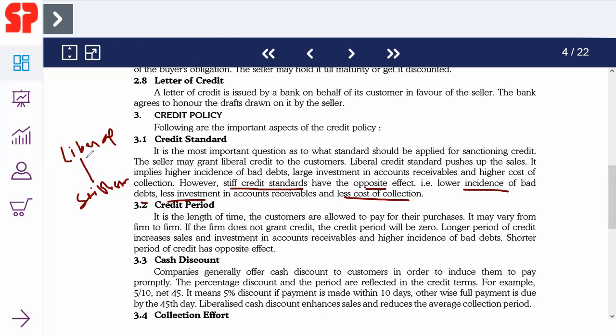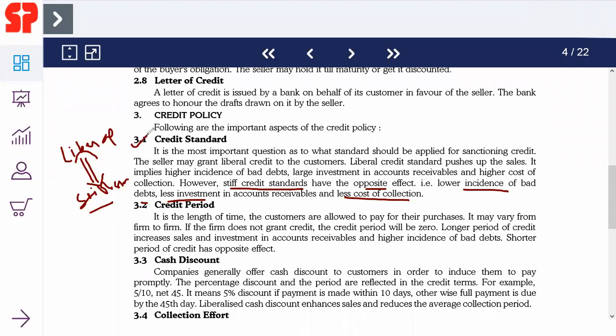Between these two is what is normally followed by all businesses. Any business will not give liberal credit to everybody, and at the same time, it cannot have a stiff credit standard either. So whatever policy there is will be a median way between the liberal and the stiff standard. This should be decided in the policy statement. What is your credit standard?